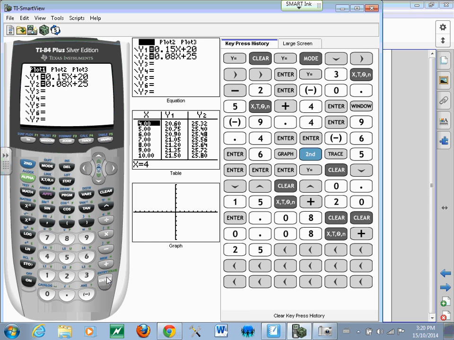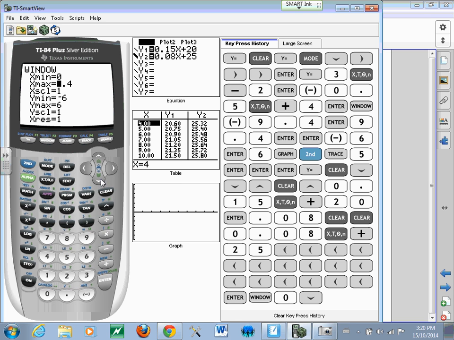I'm going to press enter once, and notice I'm going to make a thicker line. That's just going to mean when I graph them that I'm going to get a better identification in terms of 1 and 2. So let's go to the window and fix this up. So X is my number of minutes. So let's go 0 minutes and I don't know, let's say 85 minutes.